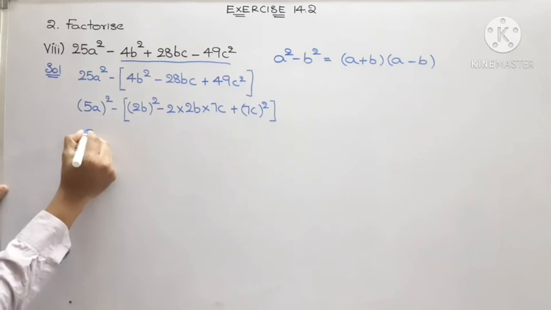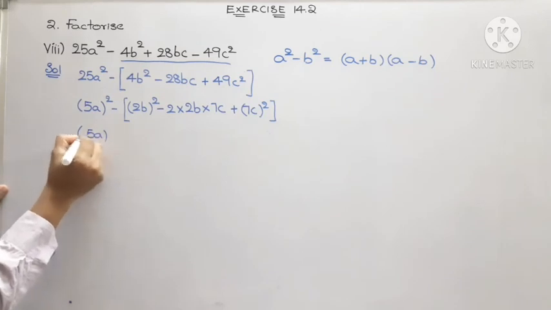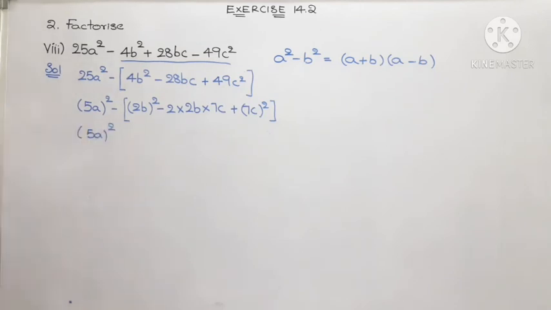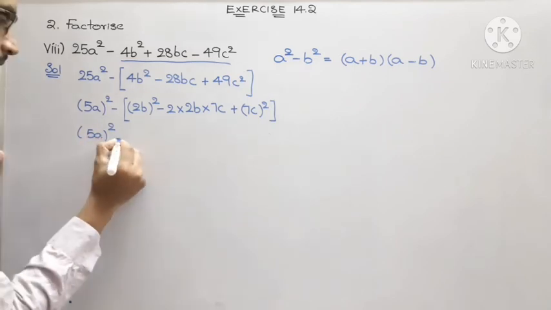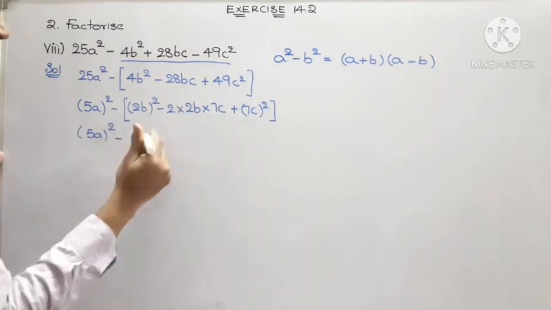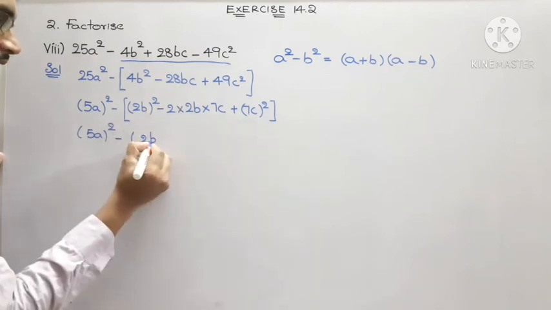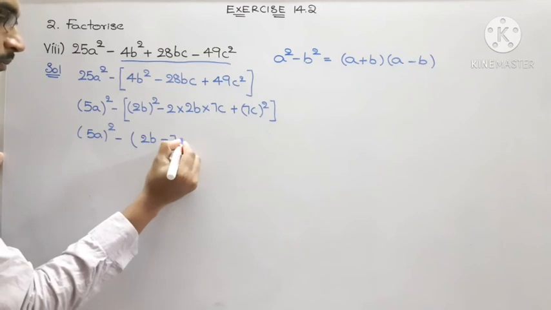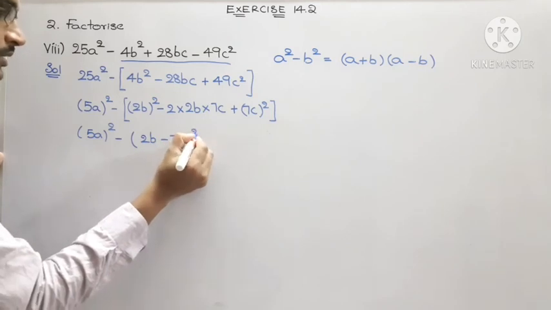Now look, 5a whole square we can't do anything with, so we leave it as it is. 5a whole square minus a minus b whole square, where a is 2b and b is 7c, whole square.